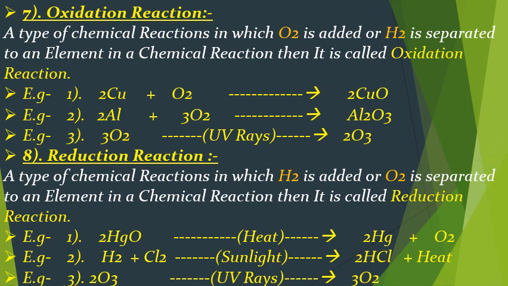Similarly, if there is an addition of hydrogen or hydrogen-like elements, it is also referred to as a reduction reaction. In the presence of UV rays, there is a splitting of ozone molecules to oxygen, also a reduction reaction, because one oxygen is separated.